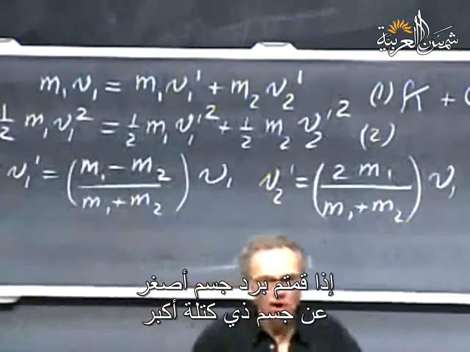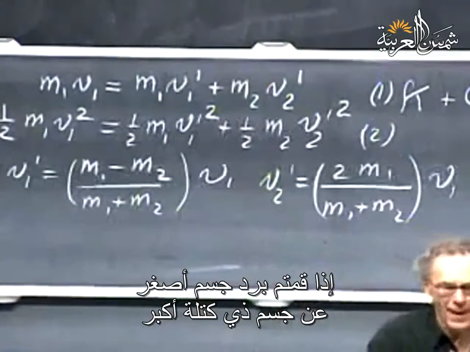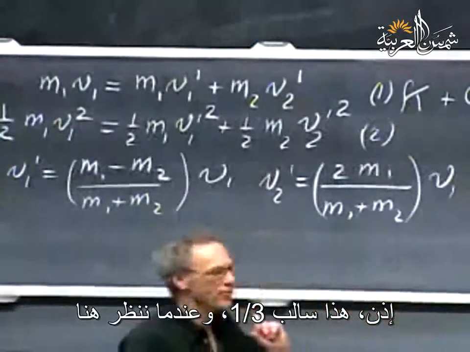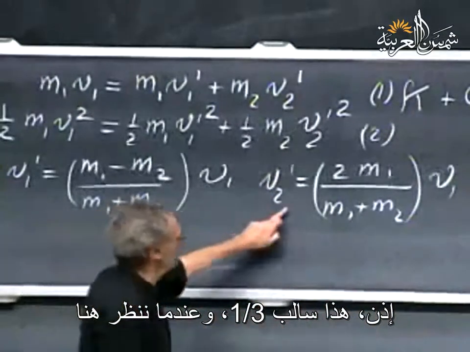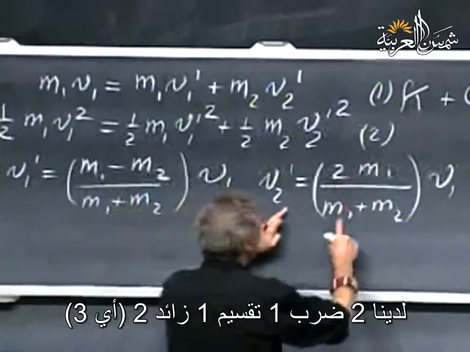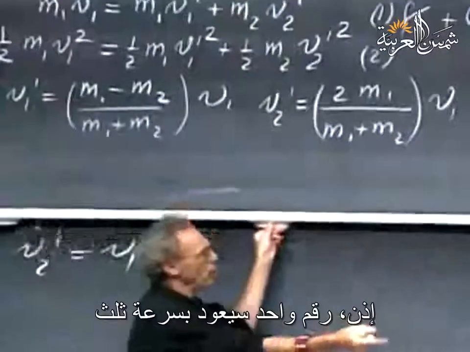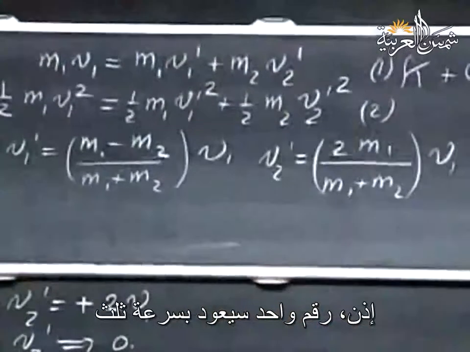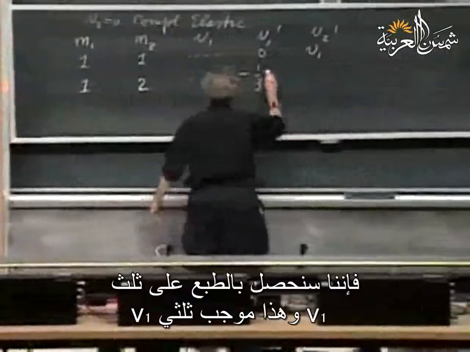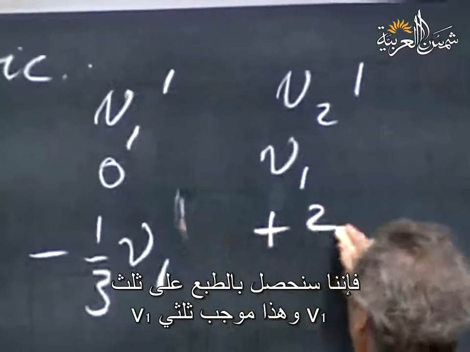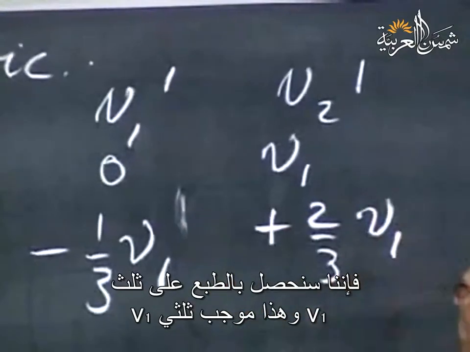If you bounce a lighter object off a more massive object, no surprise that it bounces back. So that's minus 1/3, and when we look here, we have 2 times 1 divided by 1 plus 2 is 3, that is plus 2/3. So number 1 will come back with a speed 1/3, which of course, since this is sign sensitive, we get minus 1/3 v1, and this one is plus 2/3 v1.